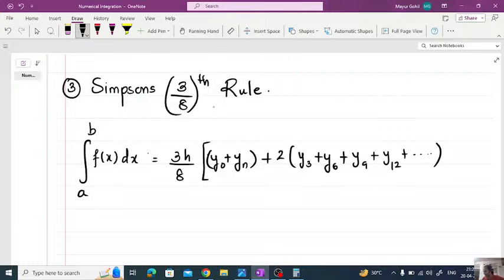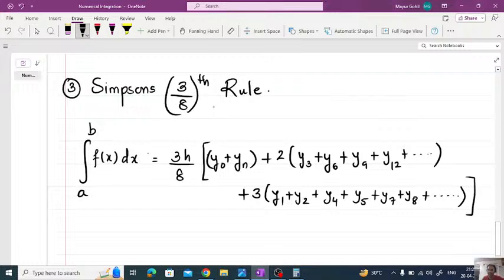You take all those, and then 3 times all those which are now remaining. Which are remaining? y1, y2, y4, y5, y7, y8, and so on. So 2 times all the multiples of 3 and 3 times the remaining ones.